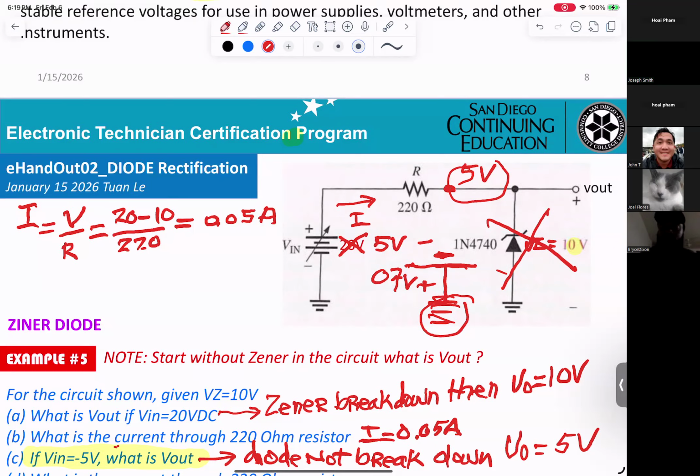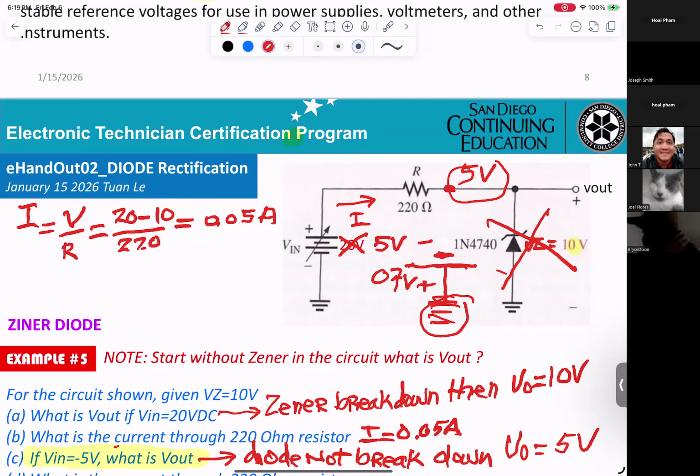Hey, Mr. Pham or somebody in the audience, isn't 20 minus 10 equal to 10, and then you divide the 10 by 220, so you get 4 something. 0.045 or whatever. Yeah, you get 0.045454545. You take 10 divide 220.